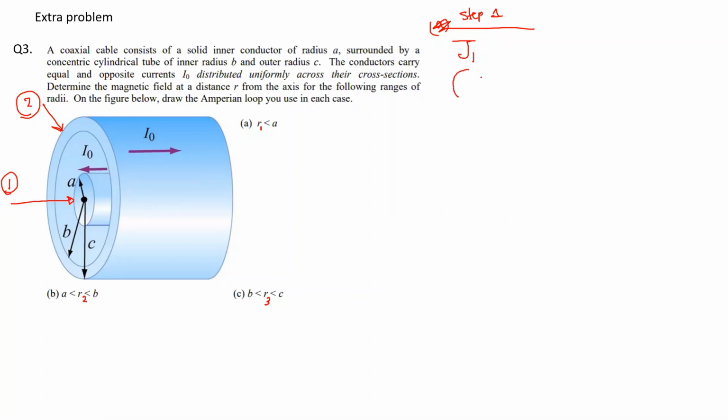First one is this one, right, with the radius A. It's a circular cross section, and the second one is something like this.